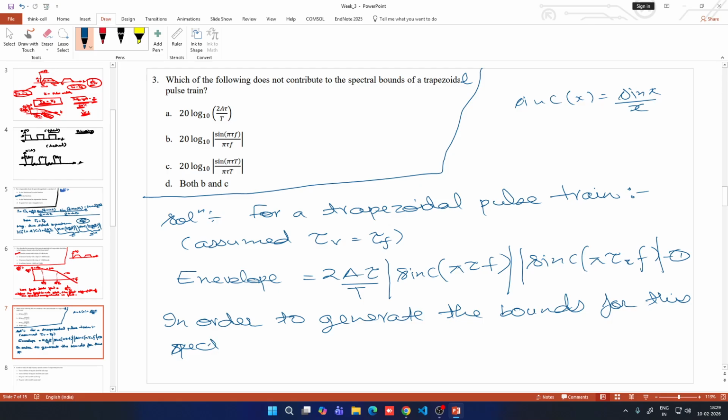So we are taking the logarithm of equation 1.